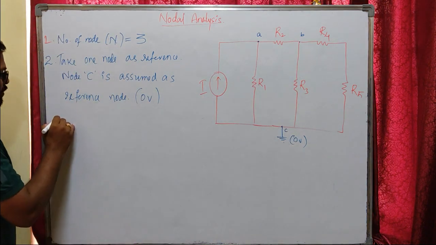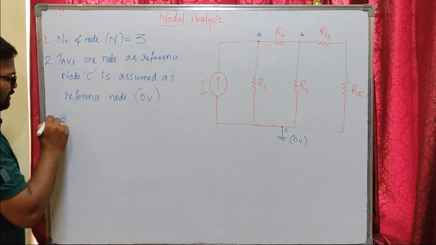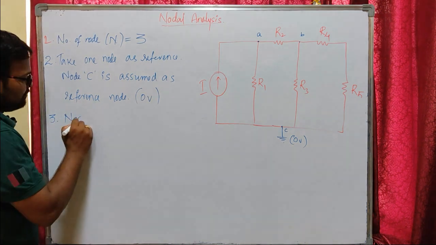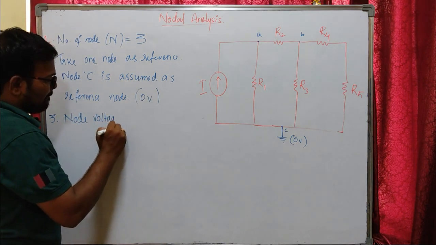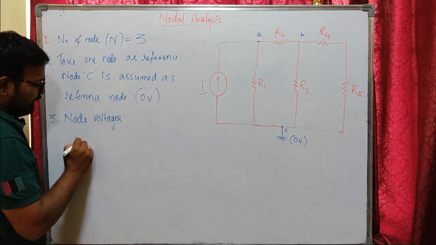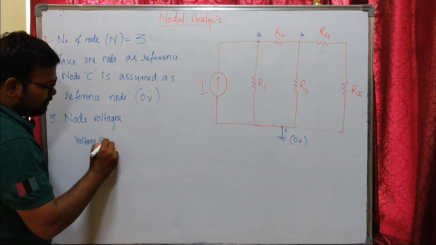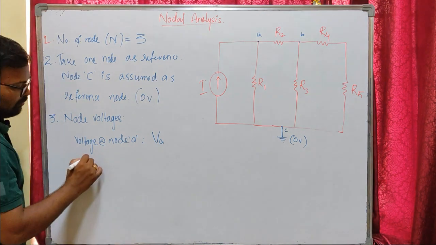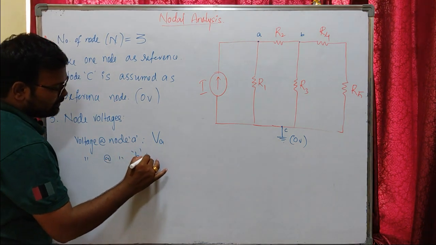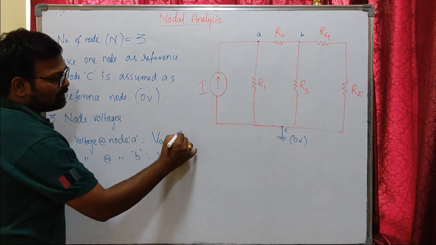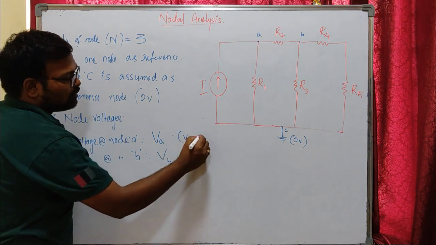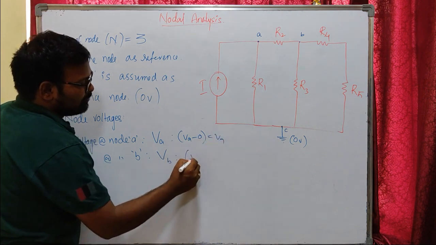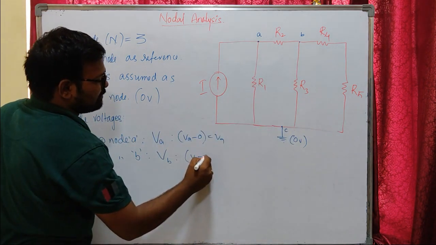Now I am going to consider node voltages. That is our step 3. The voltage at node A I am going to consider as VA. Similarly, the voltage at node B I am going to consider as VB. Here the voltage is nothing but the node potential with respect to the reference voltage: VA minus 0, that is VA, and VB minus 0, that is VB.